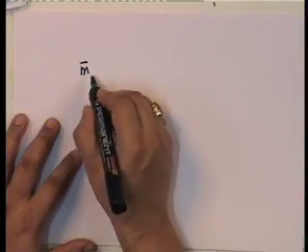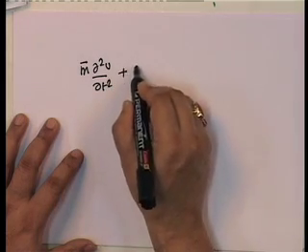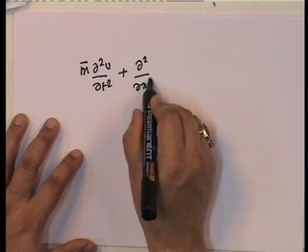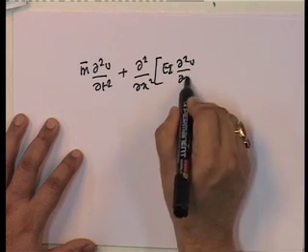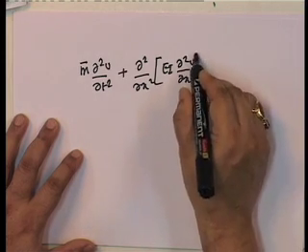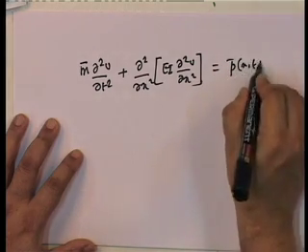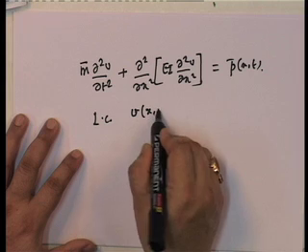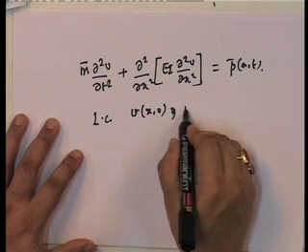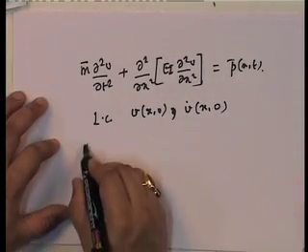It becomes m bar del squared v by del t squared plus del squared x E I del squared v by del x squared is equal to p bar x of t, initial conditions v x at 0 and v dot x at 0 have to be specified, and boundary conditions.